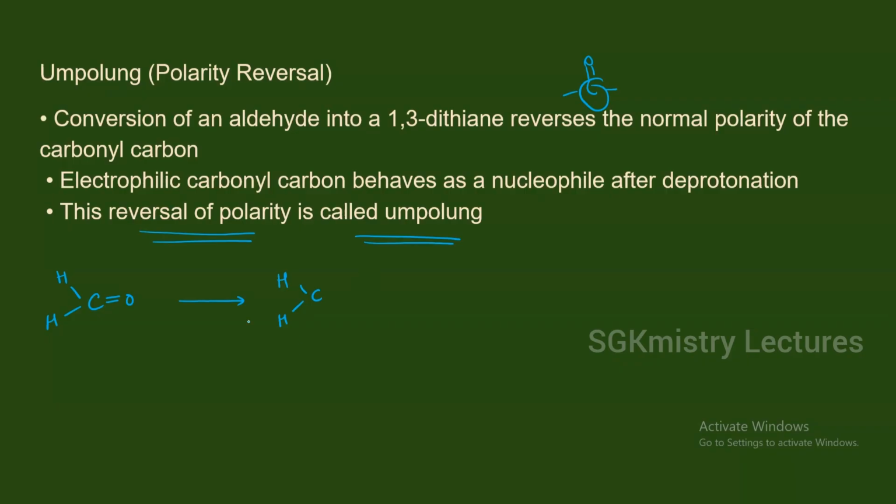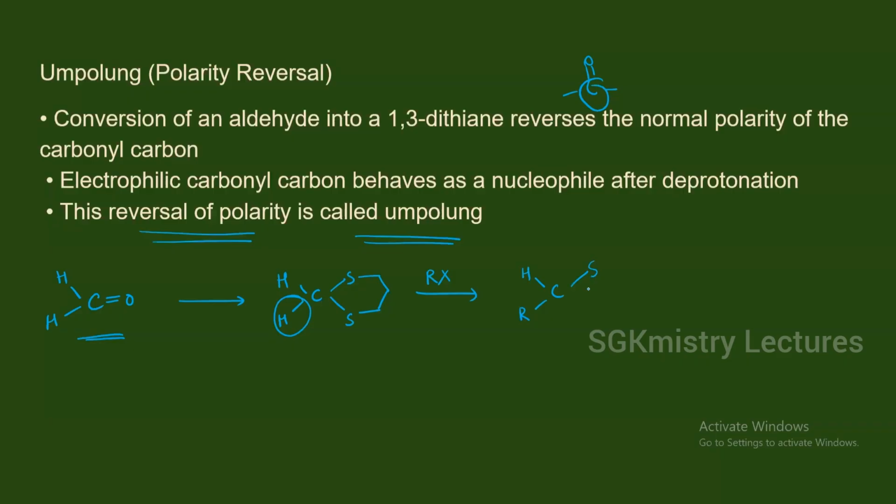Similarly, take this formaldehyde and treat it with 1,3-propane dithiol. You're going to get the 1,3-dithiane here. Now treat it with RX. What you're going to get? Here, one of the hydrogens is replaced by R.